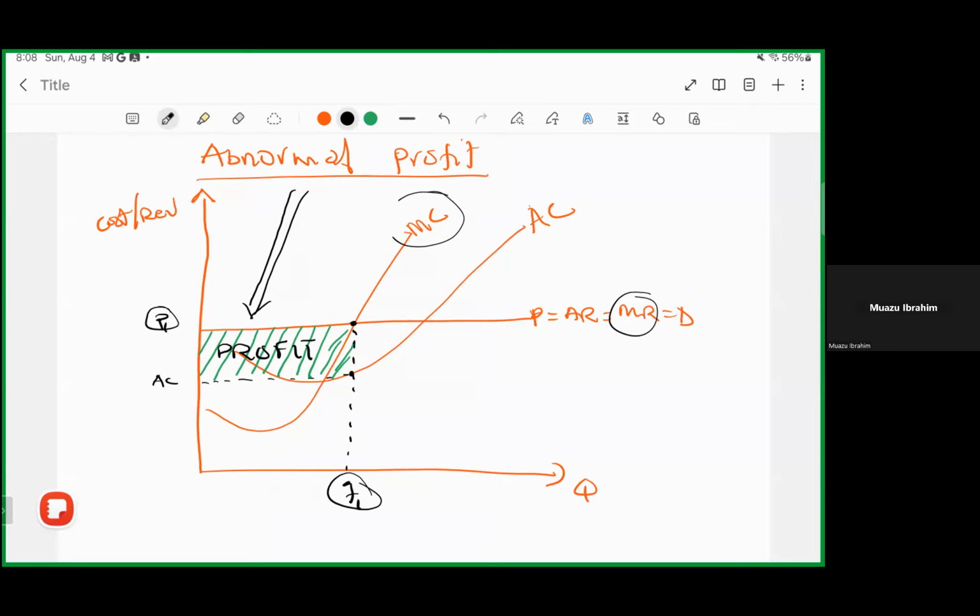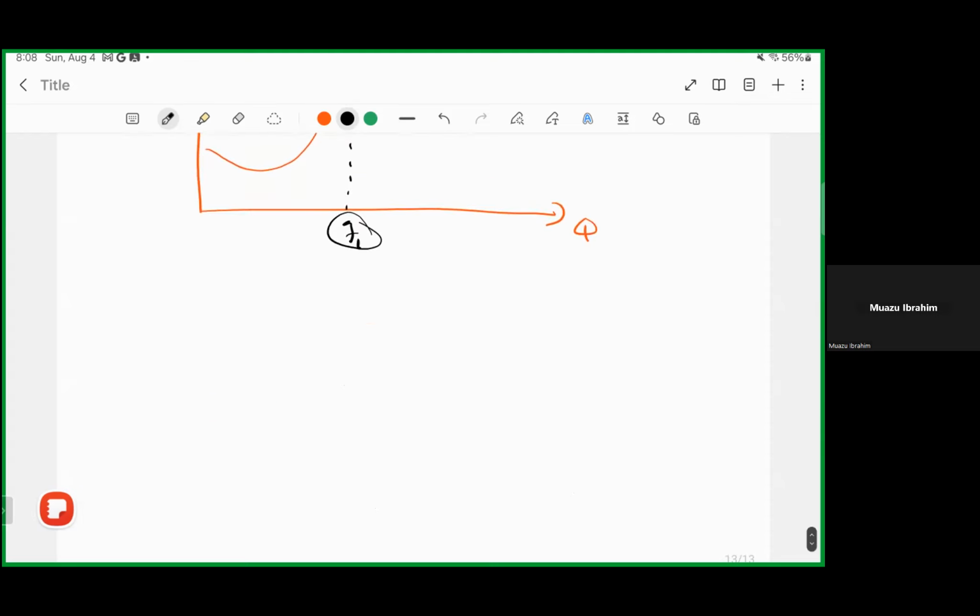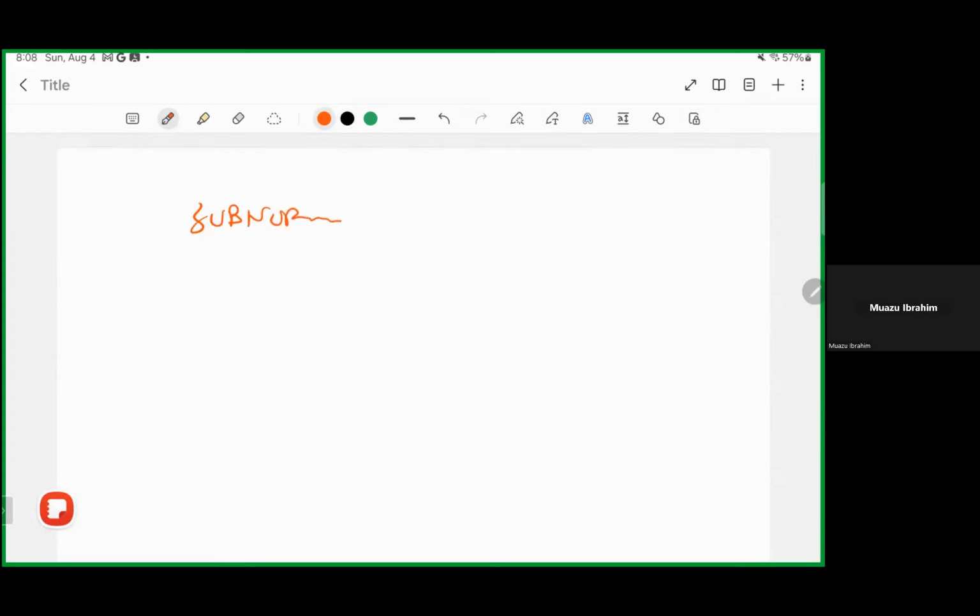Okay, now let's look at a situation where firms make a loss. In a situation where these perfect competitive markets make a loss, we call that subnormal profit, or let's just say loss.